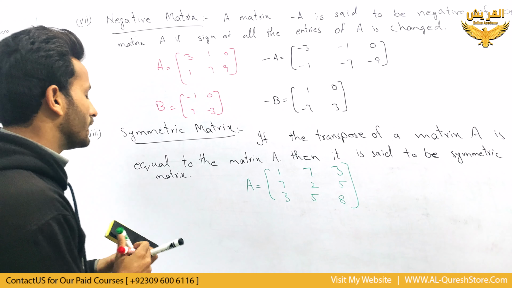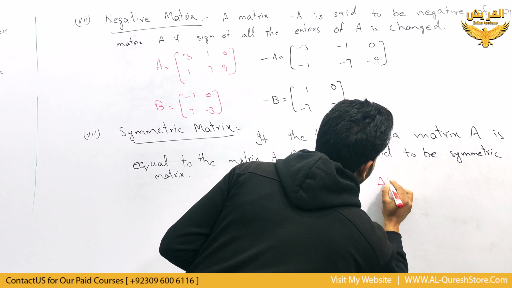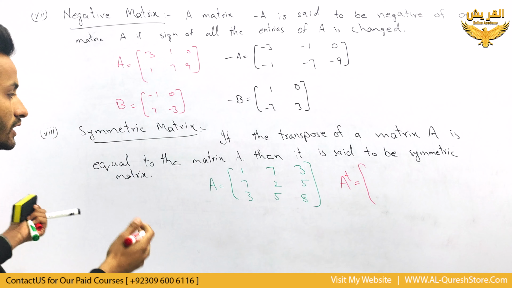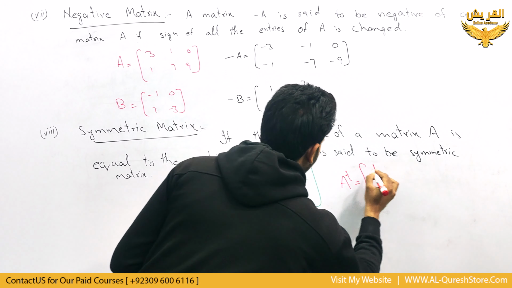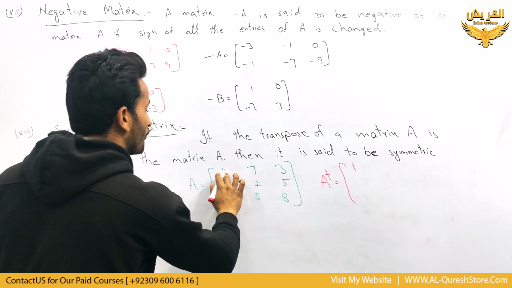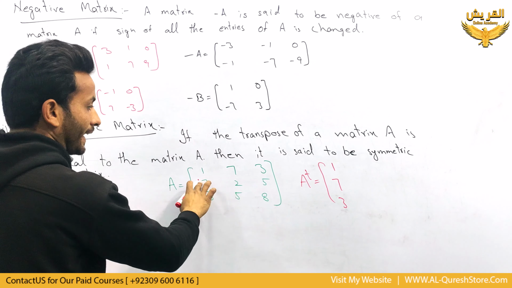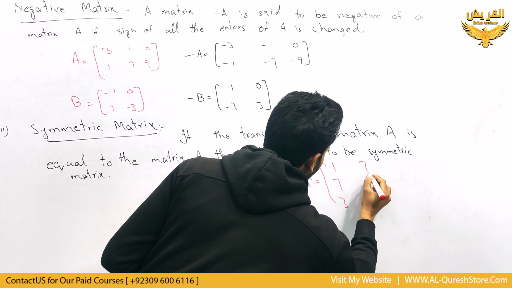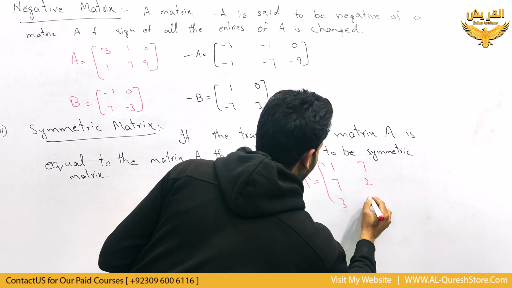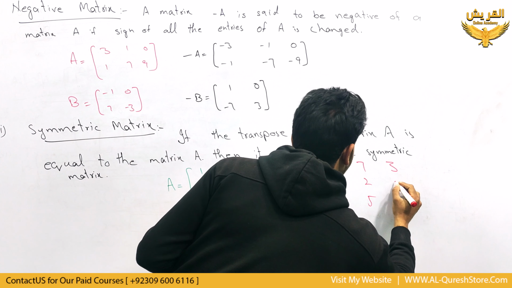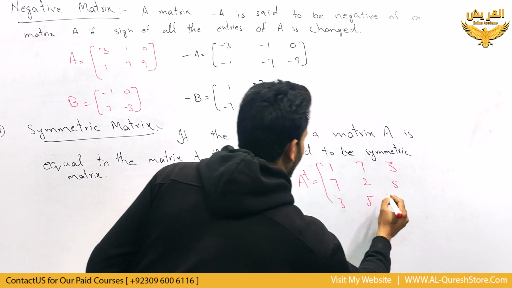Then we can see A transpose is equal to, as rows change into columns and columns change into rows, the first row changes into the first column: 1, 7 and 3. Next column 7, 2 and 5. And the third one 3, 5 and 8.